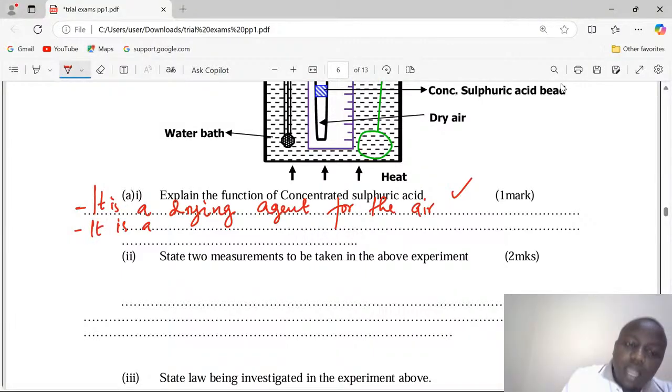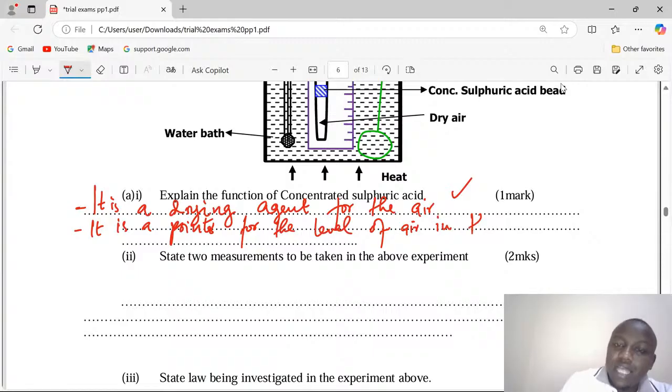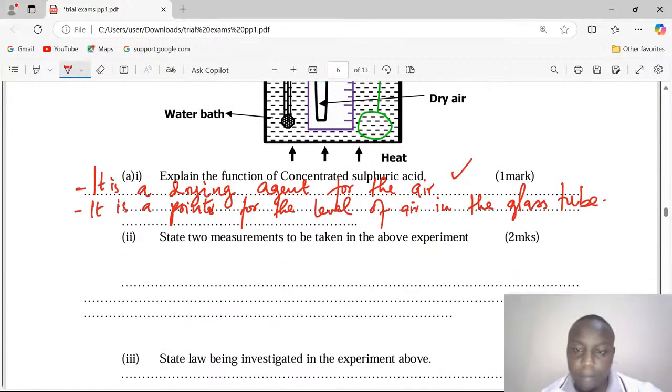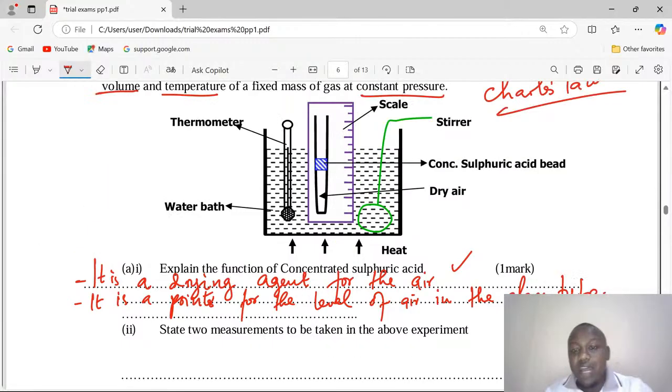for the level of air in the glass tube. Yeah, in the glass tube. So in such a glass tube, we will be following the level of the concentrated sulfuric acid for us to know how the dry air is expanding or contracting.